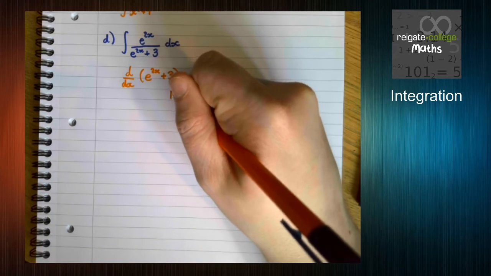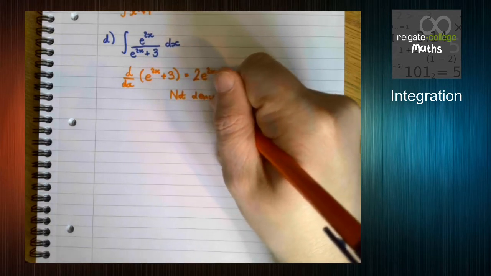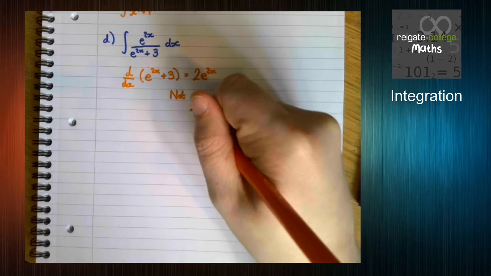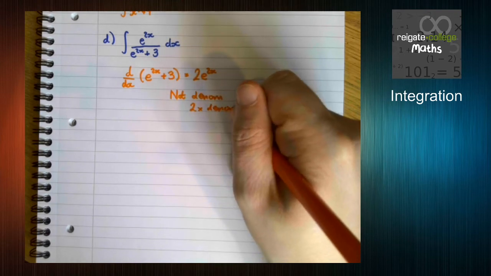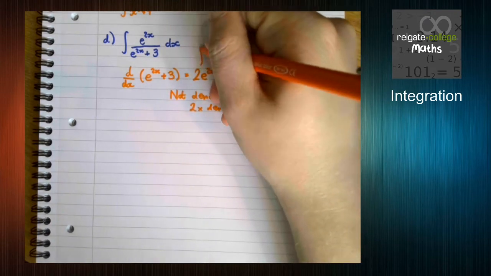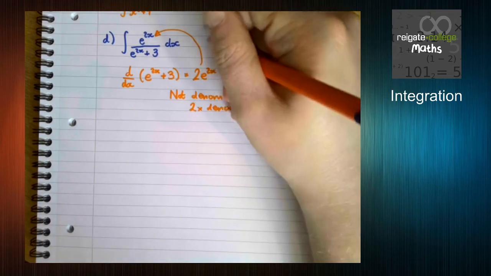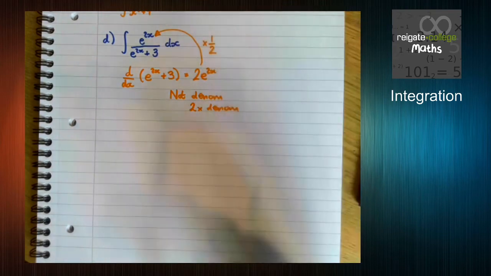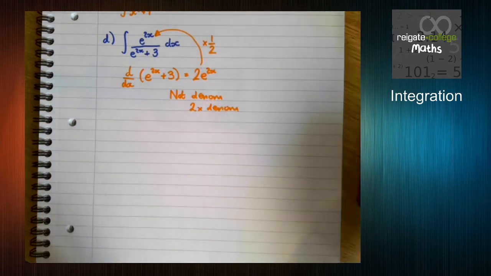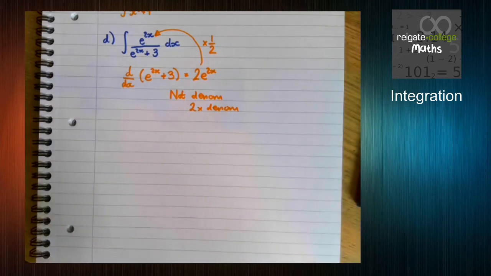This is not the denominator, but it's 2 times the denominator. So how do we get from here to the denominator? We times by 1/2. So all of that you should be doing in your head.